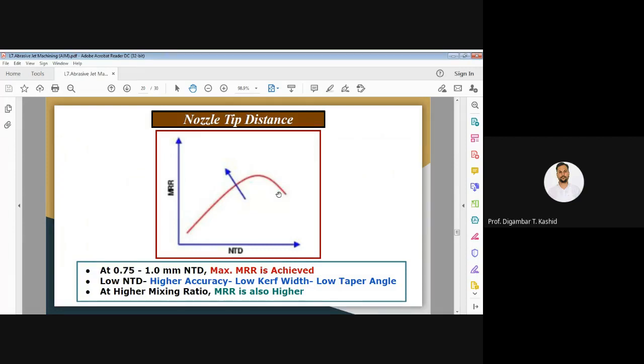That is why the material removal starts decreasing beyond an optimal value. So this is about the effect of the nozzle tip distance on the material removal.